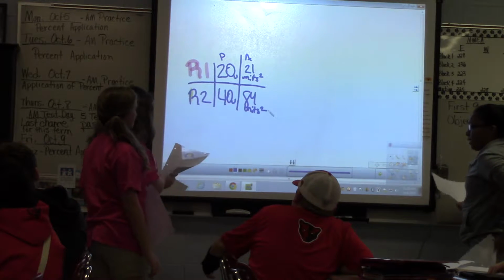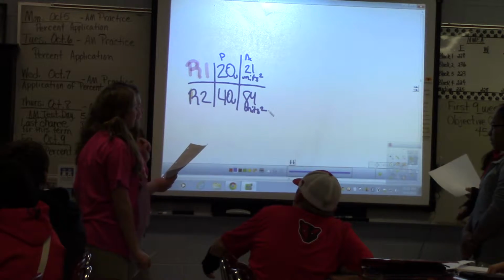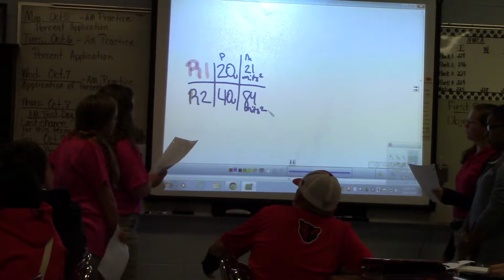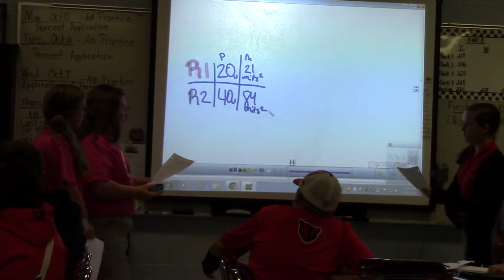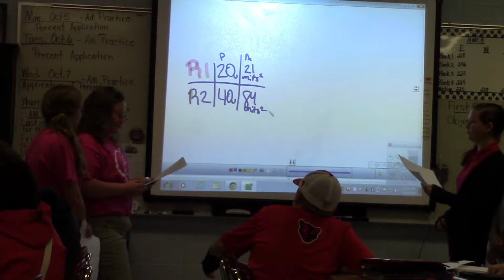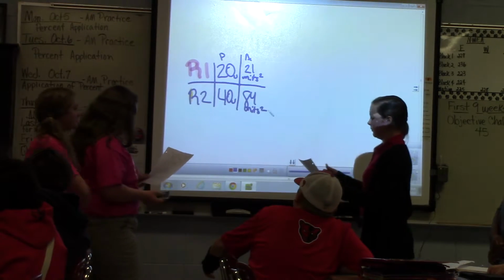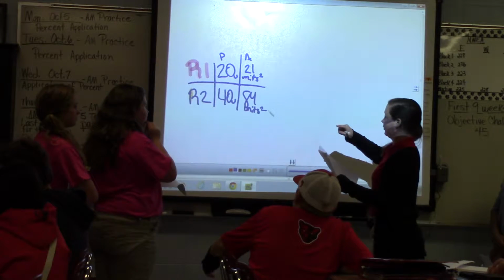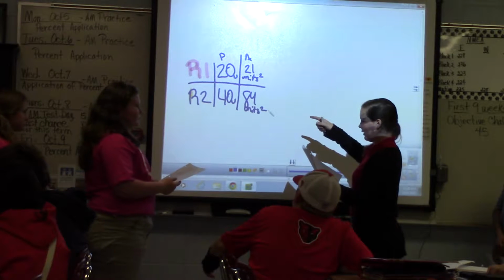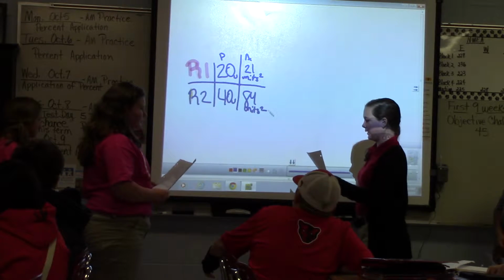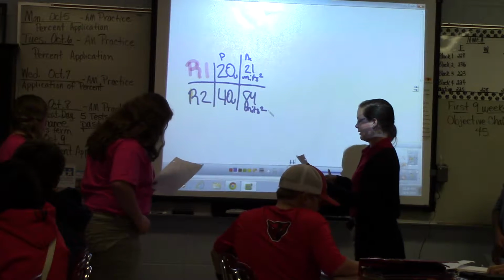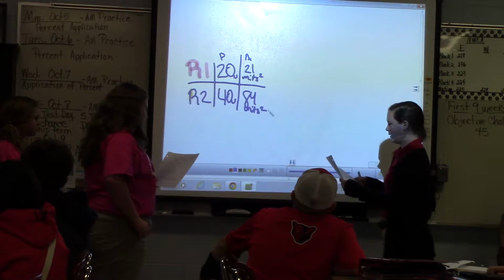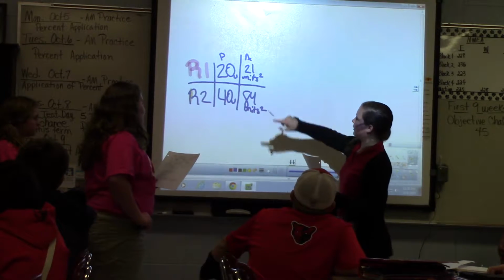Our length was 7 and our width was 3 on the original, which was rectangle 1, and on rectangle 2, our length was 14 and our width was 6. So how we found how much it increased, like Grace said, our first rectangle had a length of 7 and a width of 3, and when we found the perimeter, we noticed that the perimeter multiplied by 2, so that was the 20 units and 40 units.